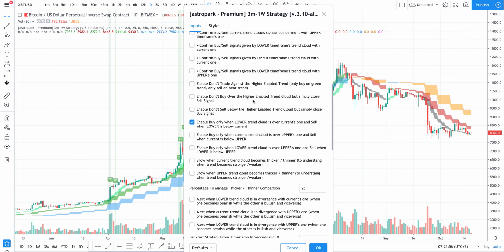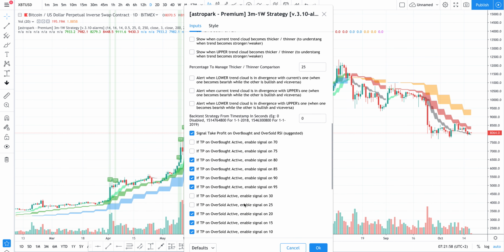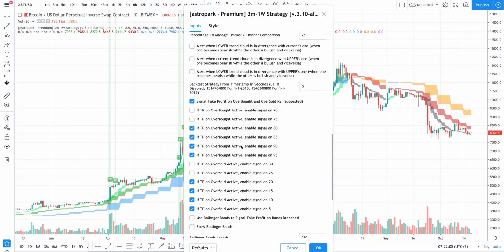Don't get fooled. Also, here you can customize the take profit. It's based on RSI, oversold, overbought, so you can choose when it should be activated. It would be wise to have 75-25 enabled on a 1 day time frame.